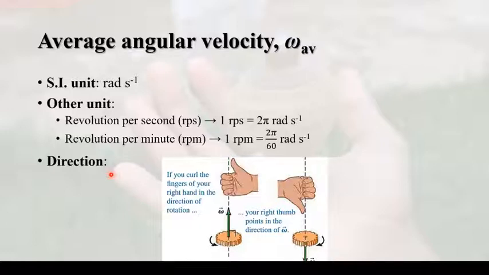Your four fingers, you curl them towards the direction of rotation, and the thumb represents the direction of angular velocity. So basically, angular velocity is always perpendicular to the direction of rotation.